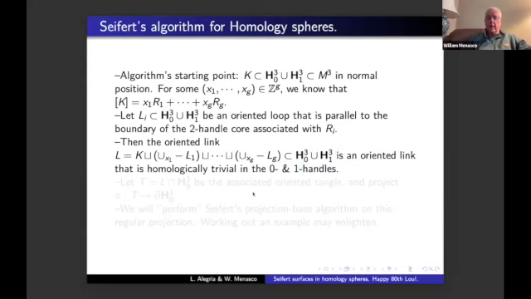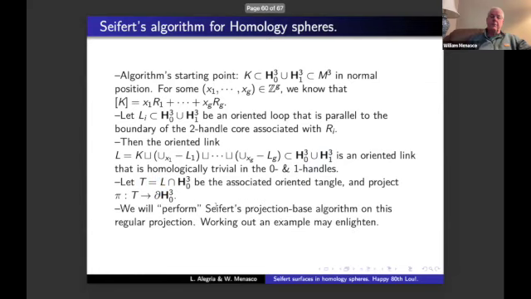What we do then is take the tangle that corresponds to taking this L and intersecting it with the zero handle, and we project it onto the boundary. Then we perform, in air quotes because you're going to have to do a little bit more, Seifert's algorithm on the projection of this tangle onto the boundary.